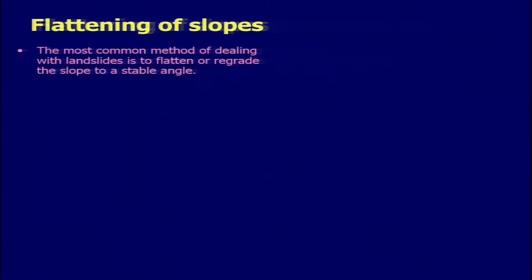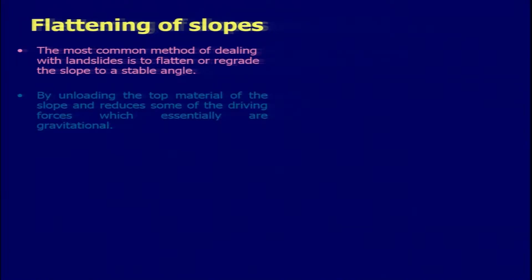So, flattening of slope, very simple. The most common method of dealing with landslide is flattening or regrading the slope to a stable angle, which I have explained in the previous one.